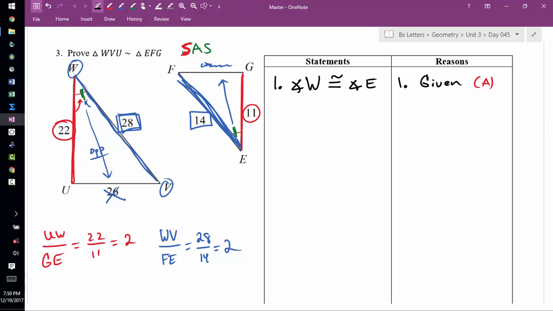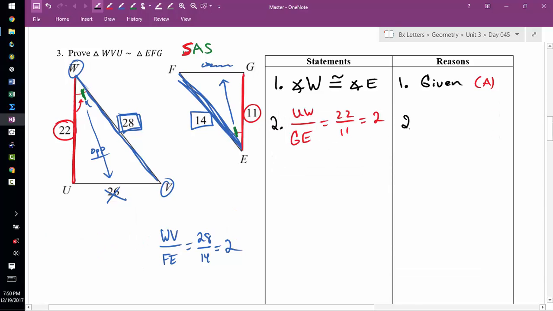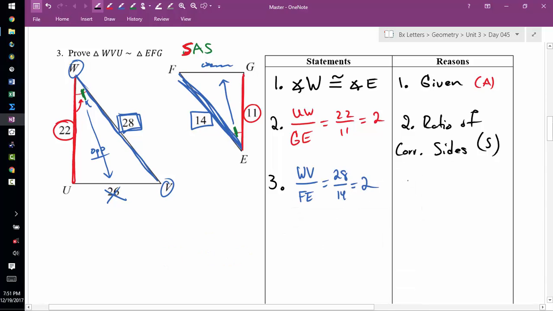So I'm going to write this up now. Number 2 would be this ratio, and my reason is ratio of corresponding sides. That's a side fact. 3 would be this fact right there, and my reason would be ratio of corresponding sides.